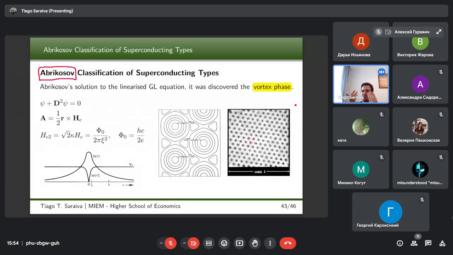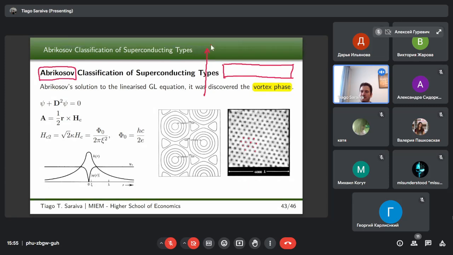So magnetic field doesn't penetrate continuously, uniformly. It penetrates in a very weird way. It appears as these points, this lattice of magnetic field. So, for example, if you have a film, let's make a side profile. Let's say this is your film, and you apply magnetic field perpendicular like this.